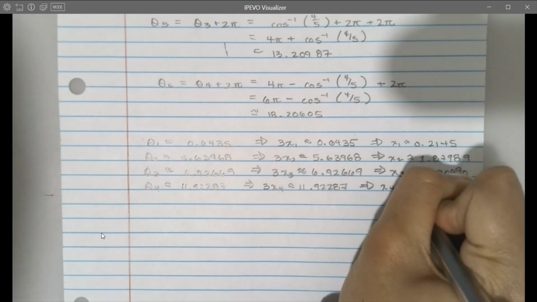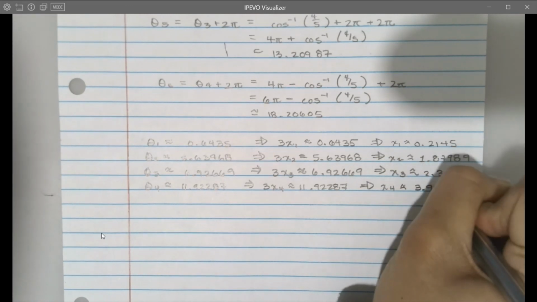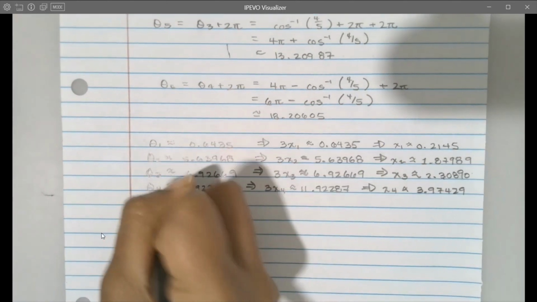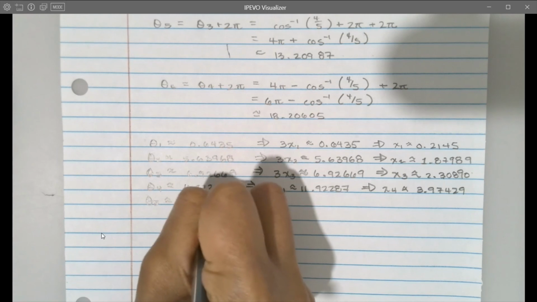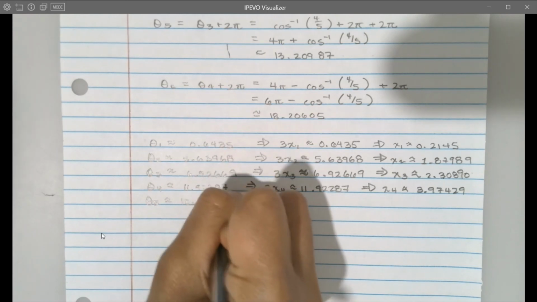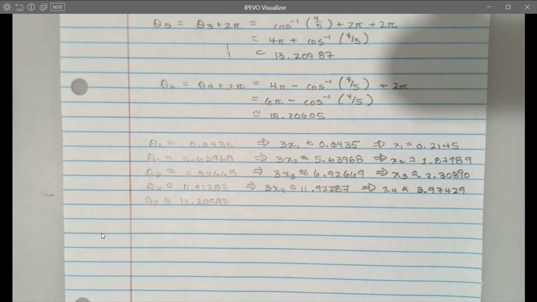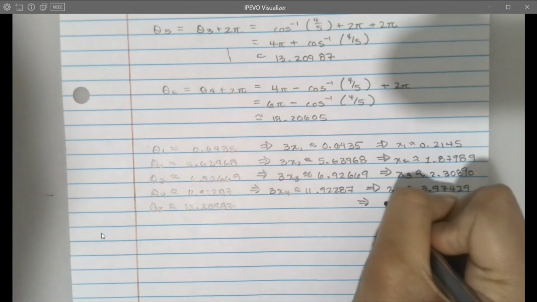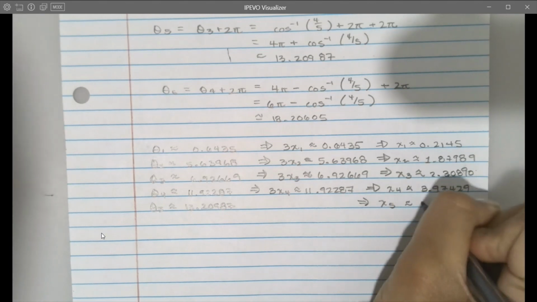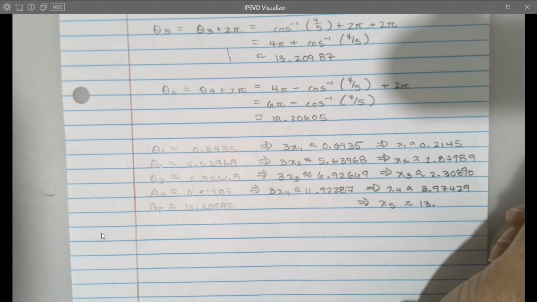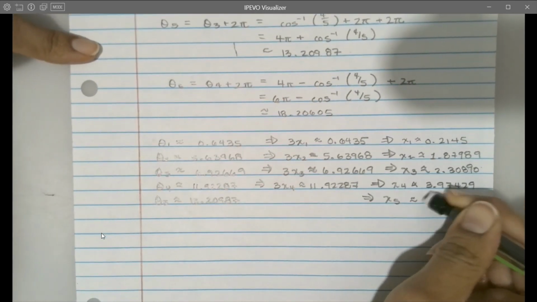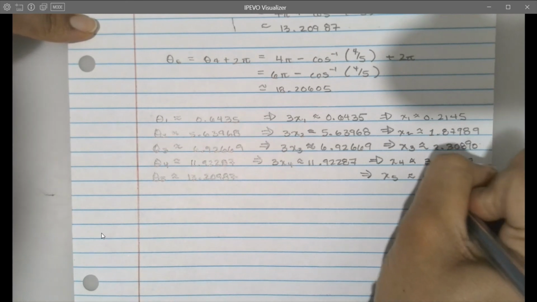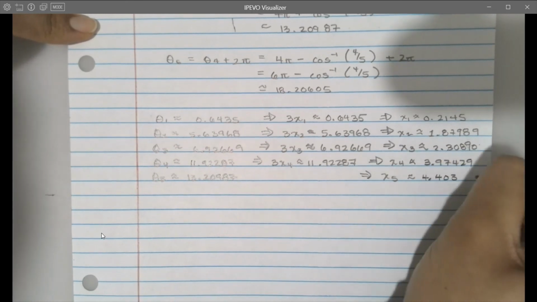So x4 will be approximately 3.97429. Theta 5 will be approximately 13.20987. Okay, so let me divide that by 3. So x5 is going to be approximately 4.40329.